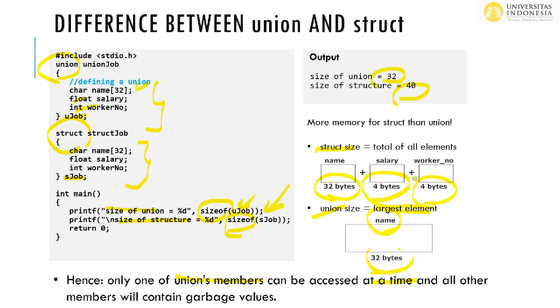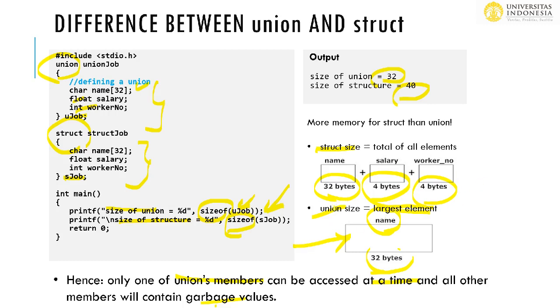You can access all of the members anytime in a structure because the data is located in separate locations in memory, while in a union it will be stored in the largest space of the elements, and the other members will contain garbage values, meaning that they will be discarded or will be arbitrary values.